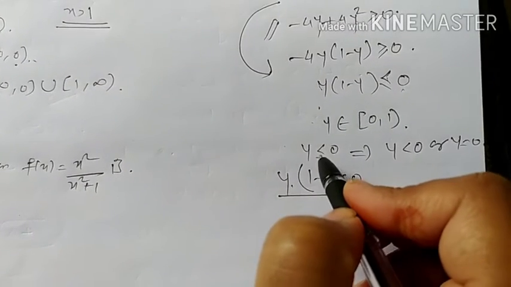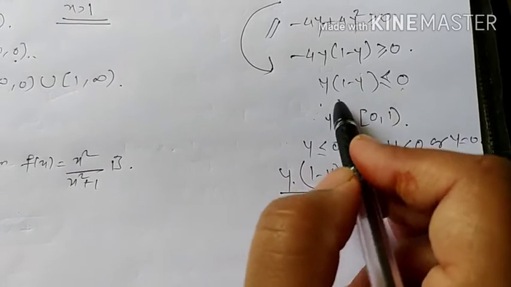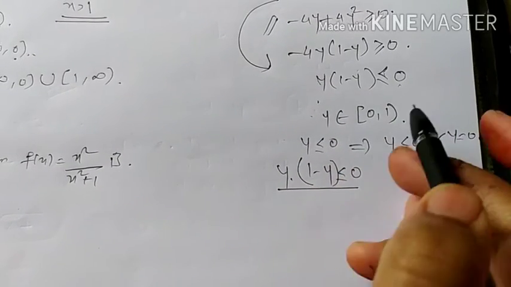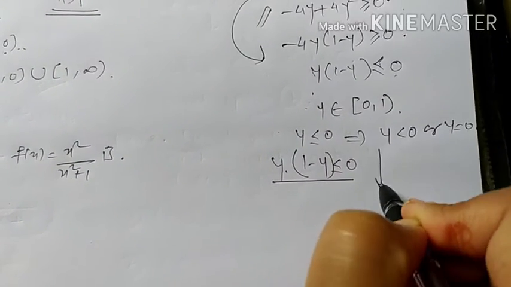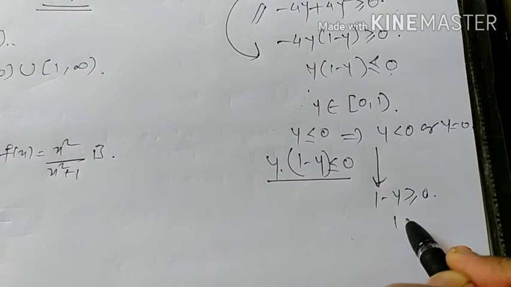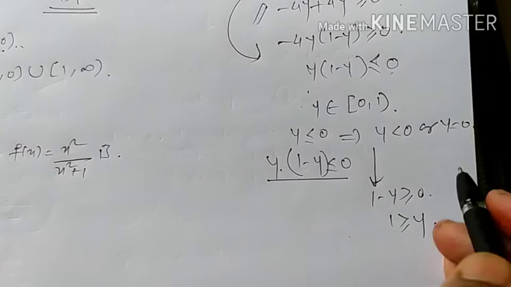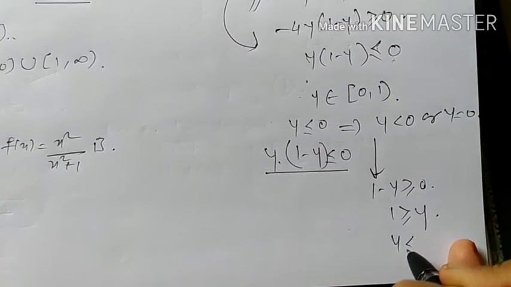If we consider this term less equal to 0, it will be negative, and for making the product negative we need one term positive, which implies that 1 minus y is greater or equal to 0. So 1 is greater or equal to y. Are you getting? So y is less equal to 1.